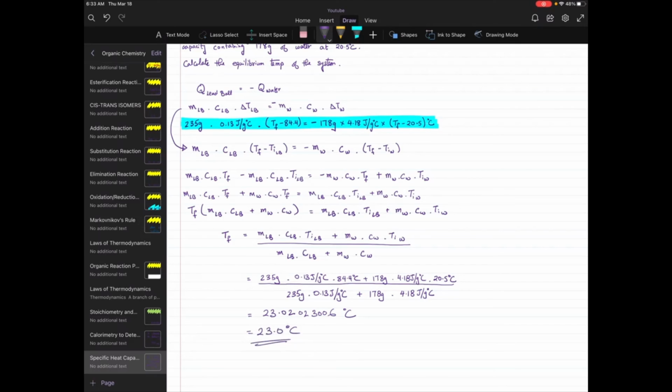I'm assuming it should be 23.0 degrees Celsius. I haven't kept track of all the significant figures here, but I'm assuming it's going to be 1 decimal place here, or 3 significant figures. So 23.0 degrees Celsius would be the final answer for the final temperature of this ball and the solution, the water.